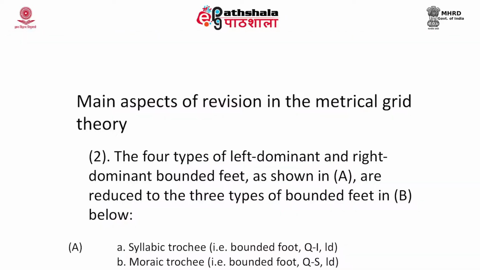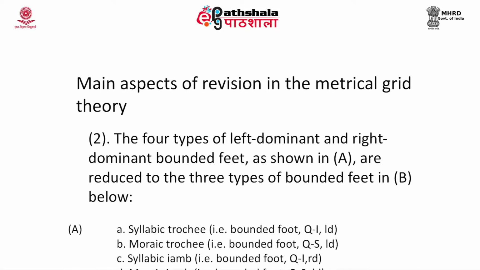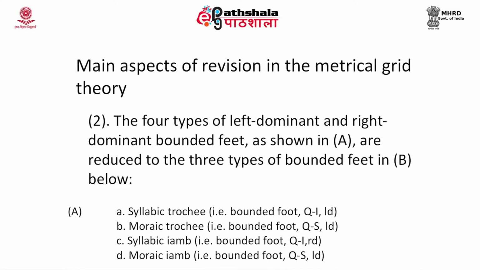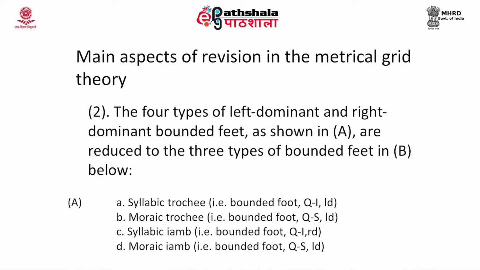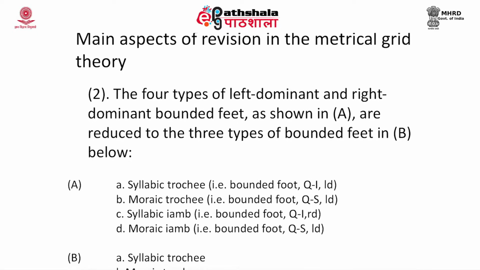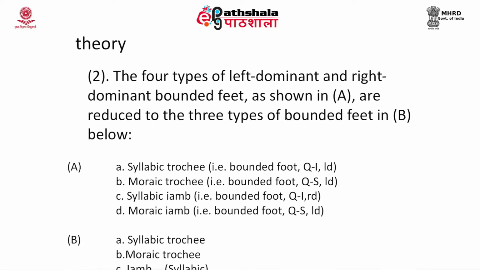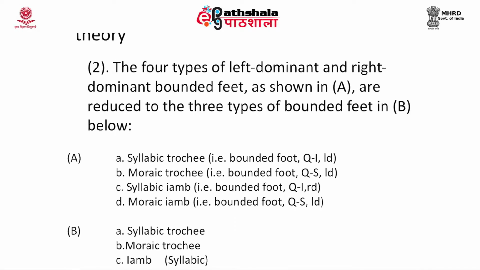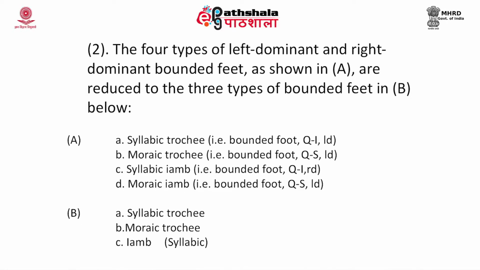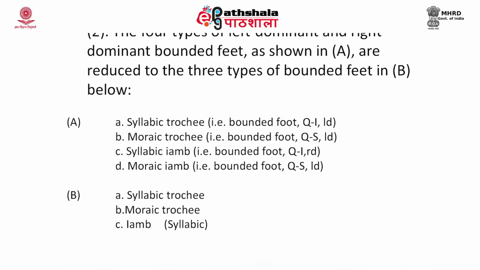Now the second important point about the revision in metrical grid theory is that in metrical tree theory, when it came to right dominant and left dominant and syllabic and moraic structures, we had 4 types of feet, namely syllabic trochee, that is a bounded foot, quantity insensitive, left dominant; moraic trochee, which is quantity sensitive; then syllabic iamb, which is bounded foot quantity insensitive; and moraic iamb, bounded foot quantity sensitive.